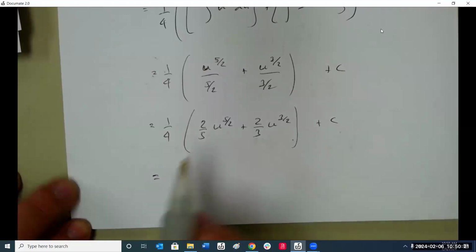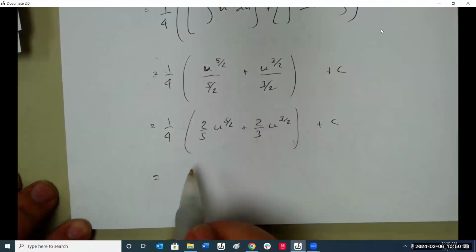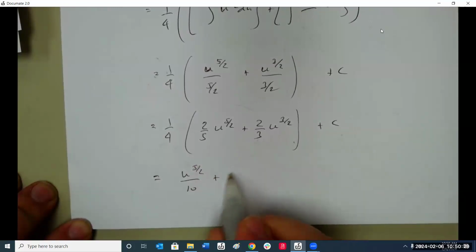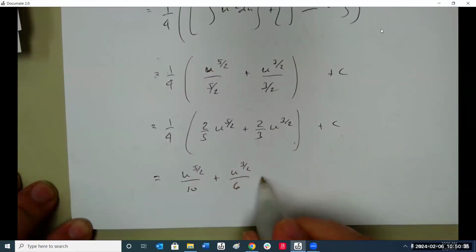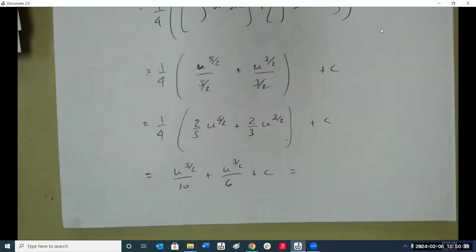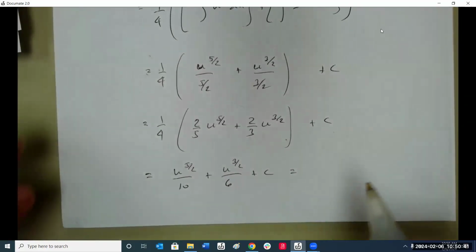Then from there, we could distribute, which makes it u to the 5/2 over 10 plus u to the 3/2 over 6. And just put that back in there.